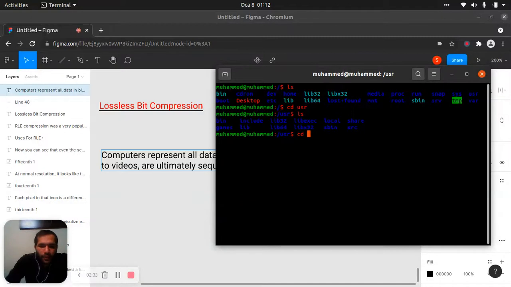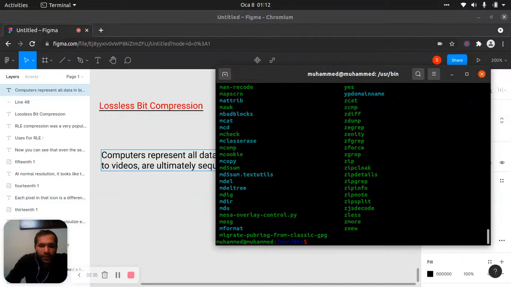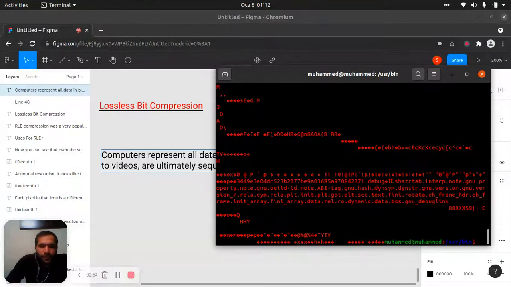Let's go in binary and I will show you some detail. Let's say nano or cat.